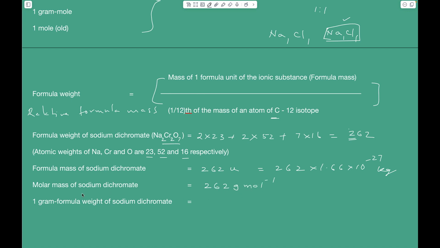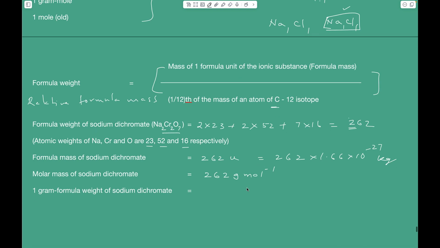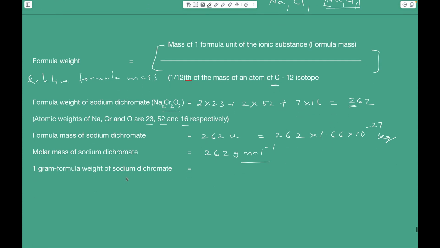So that is the molar mass of sodium dichromate, simply its formula weight in these units. Then what is 1 gram formula weight of sodium dichromate? Again, it is simply its formula weight expressed in grams. Remember, this is old vocabulary.